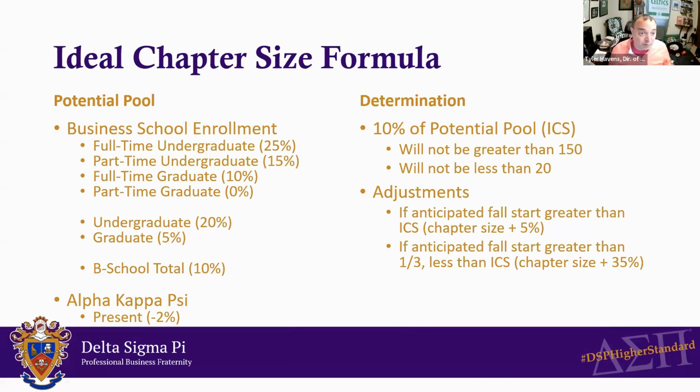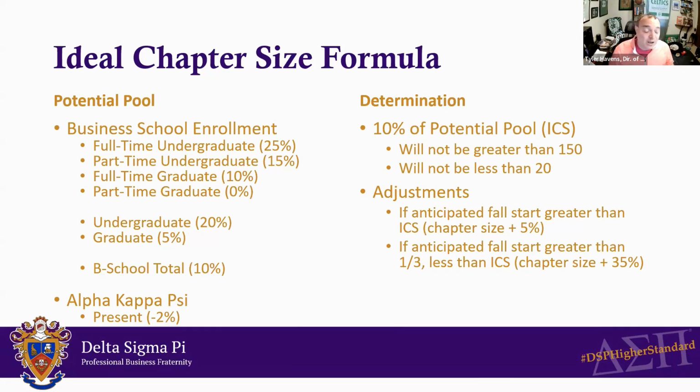There are a couple of adjustments that are made to that. If we are looking at a chapter size that we anticipate at the beginning of a fall term, based on how many people may still be graduating during the summer, we pull all that information. Unless they're going to be over 150, we don't want to say, hey, chapter, get smaller, because they have shown that they can manage that.